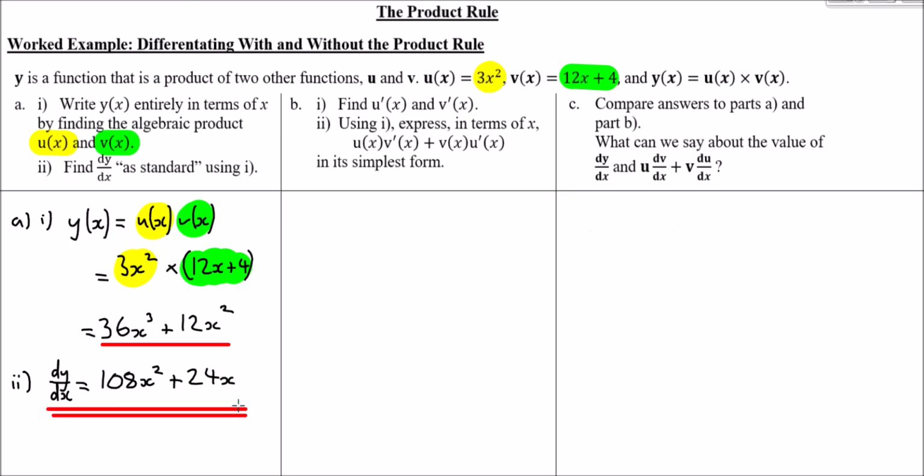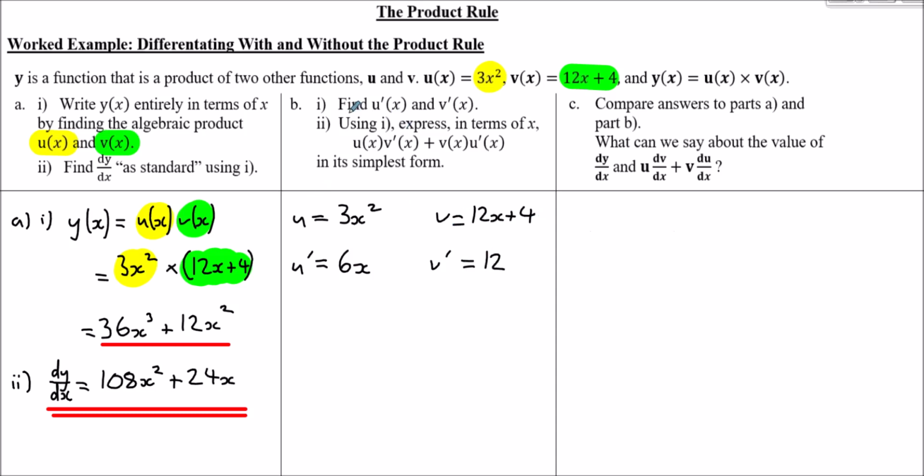So for part B, let's differentiate u and also differentiate v. So we've got that u is 3x squared. We have that v is 12x plus 4. So u dashed, differentiate 3x squared gives us 6x, and v dashed, differentiate 12x becomes 12, and the 4 disappears.